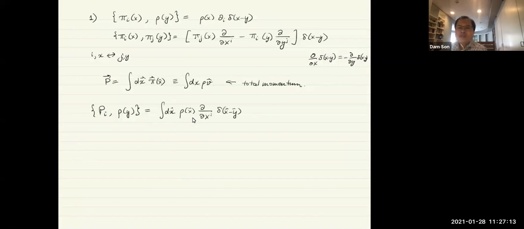And then I can do integration by parts, pushing this derivative here, using the delta function to set x to be equal to y. So I get the derivative of rho at y, with a minus sign.